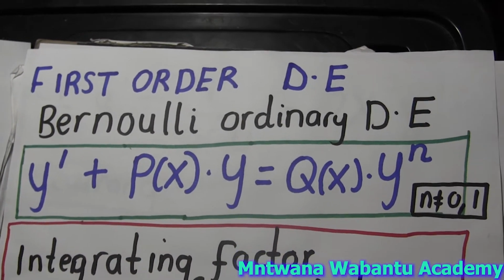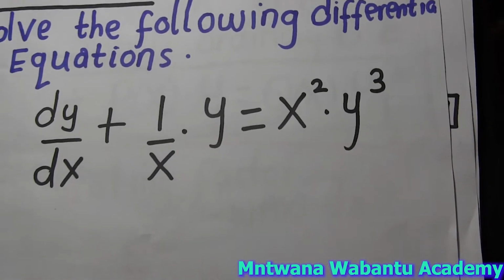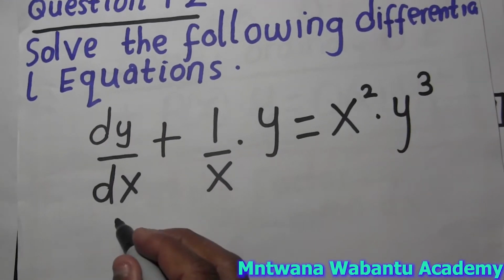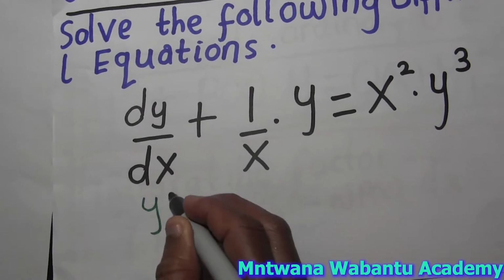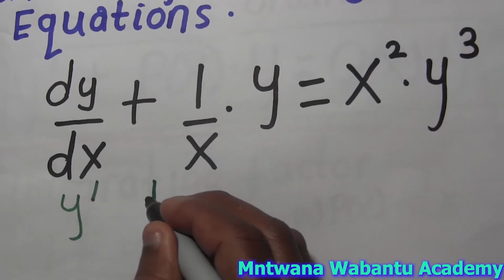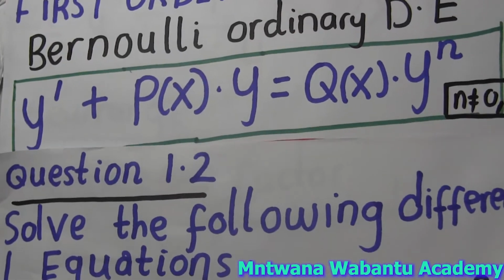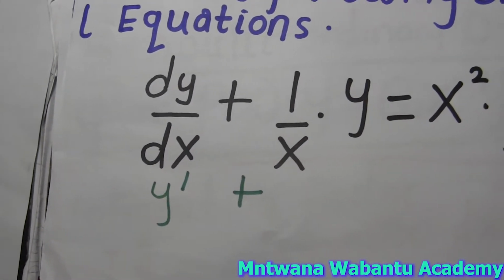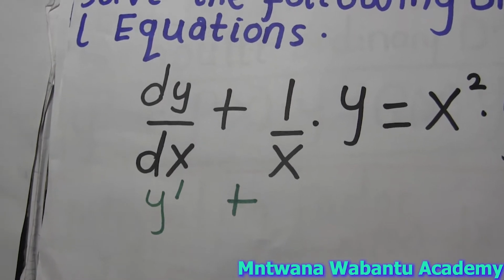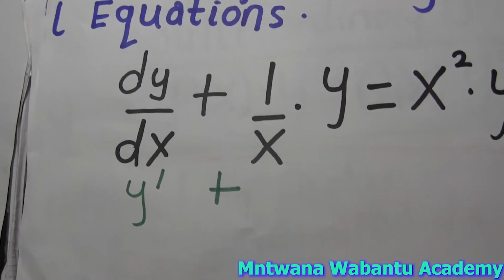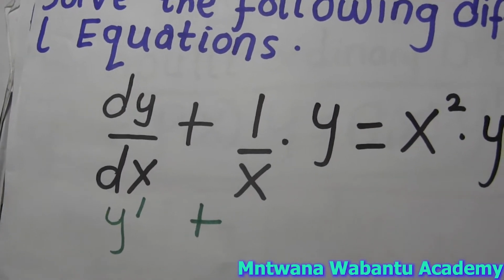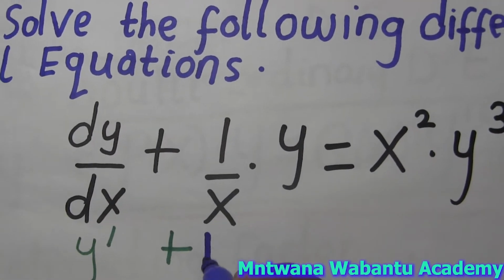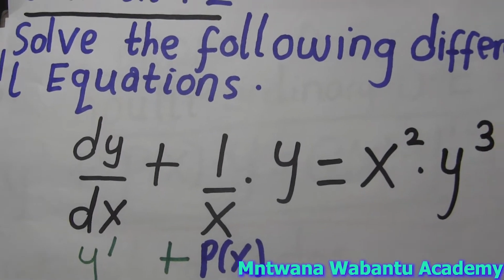Now, for example, this one qualifies. You know why? Because this is the same as y prime plus p(x) y, so we can compare the equation. This one of x is p(x).